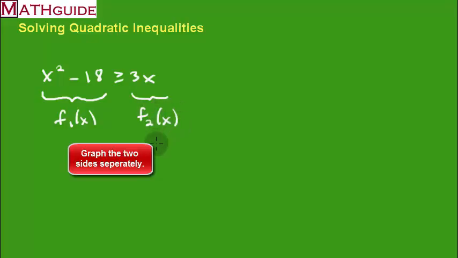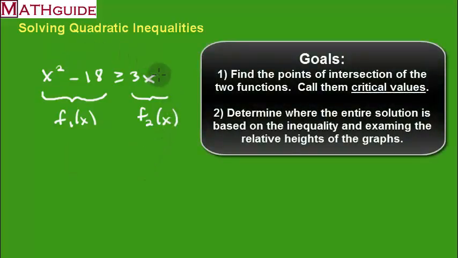When we find the points of intersection, we'll find the critical values. Then once we find those critical values, we'll see how to use this inequality to find the set of answers that are going to work, not just our critical values.